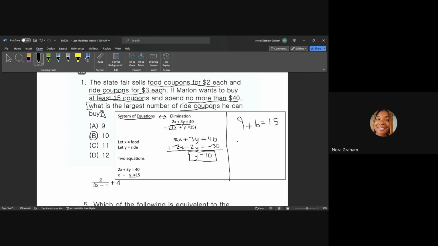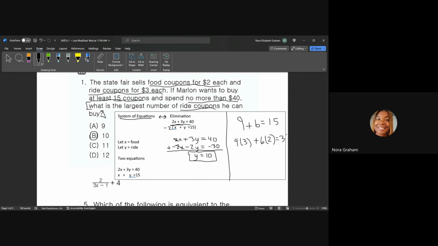All right. So if you do 9 times 3, because those are my rides, plus 6 times my food coupons are 2 each, this would equate to $39.